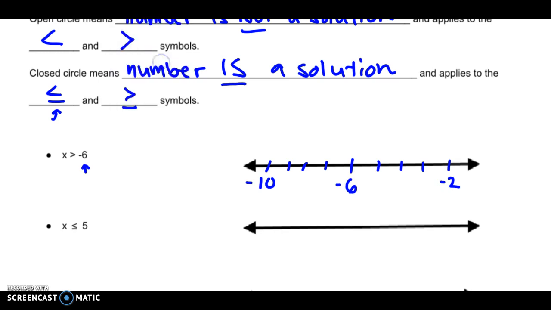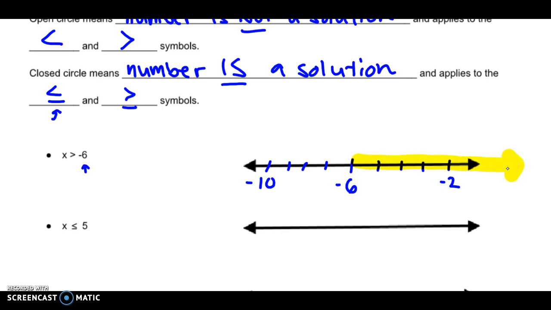I also like to use a highlighter when I graph. This inequality reads that x is greater than -6. So we need to include all of the numbers that are bigger than -6, and so I use a highlighter on my number line just to highlight the direction of numbers that are bigger than -6.